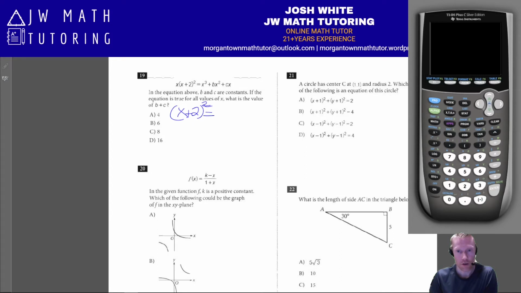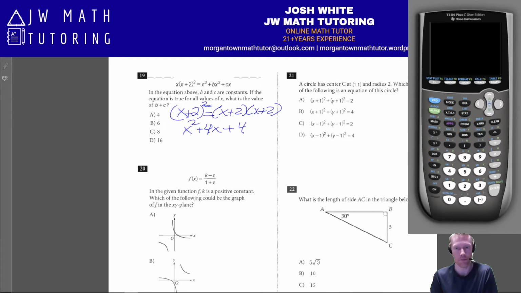If you write that out twice, x plus 2 times x plus 2, and then do FOIL, you're going to get x squared, and I'm just going to skip one of the steps, plus 4x plus 4. It's technically x squared plus 2x plus 2x plus 4, but I just combined it into just plus 4x in the middle.